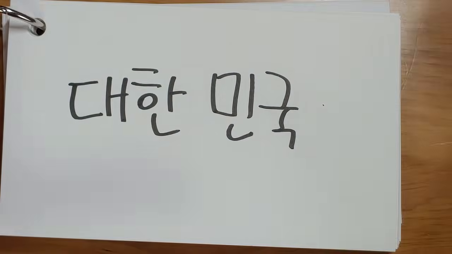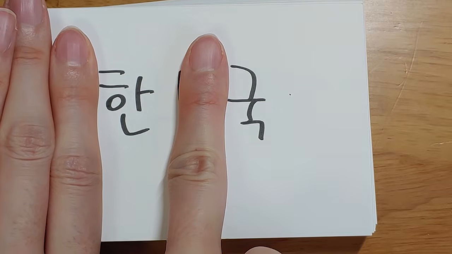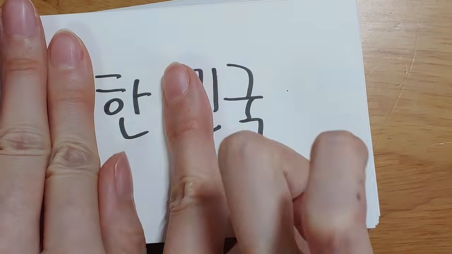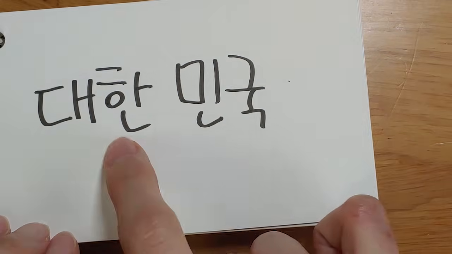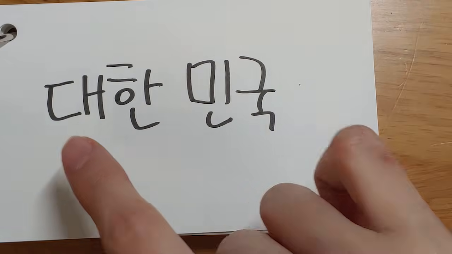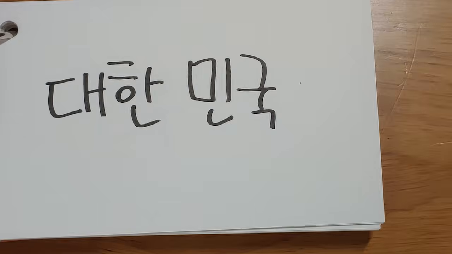And oh, this one. So we learned that 한국 means Korea. We also learned that 한국 is pronounced with a ㄱ sound, right? But 대한민국 is a very official way to say Korea. So it's more like the Republic of Korea. So 대한민국, the Republic of Korea.